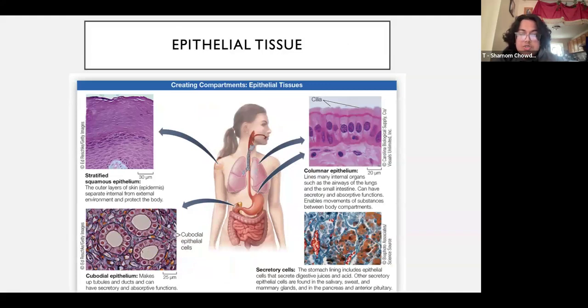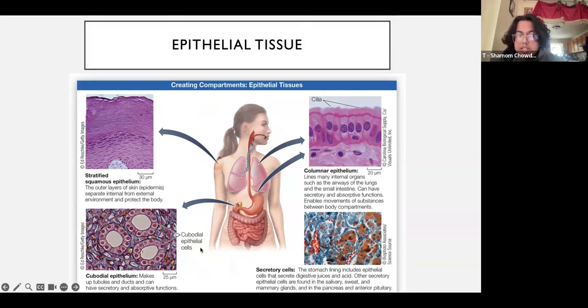Epithelial tissues, I'm sure maybe you've seen them during your lab, create compartments in and of themselves. For example, stratified squamous helps create our skin, so it helps protect the body. And as you can see, there are lots of layers within them. Cuboidal epithelium makes up ducts, and also has absorption functions.